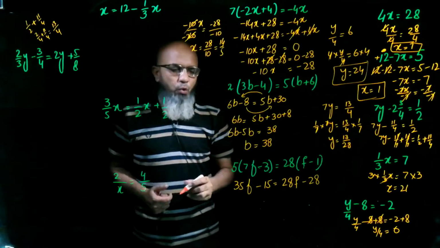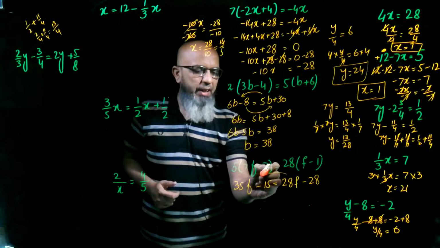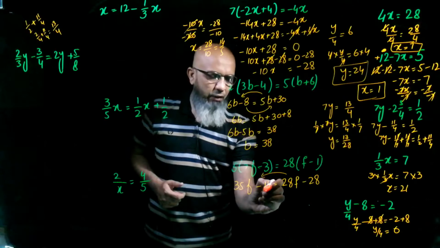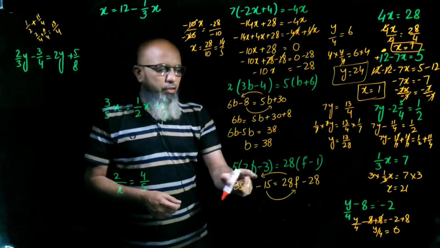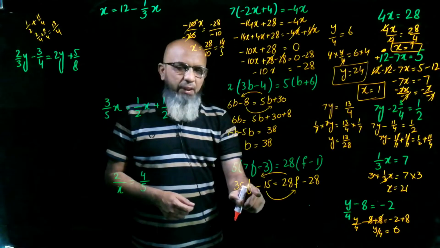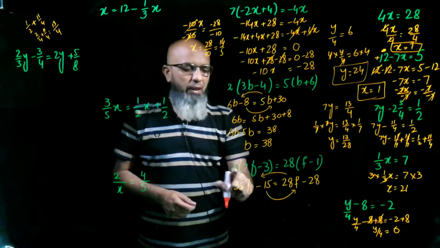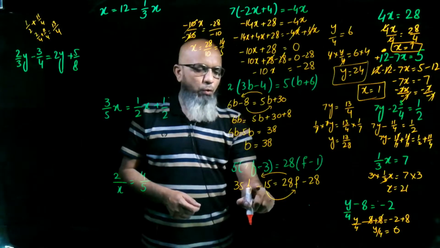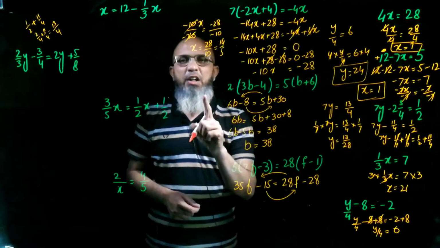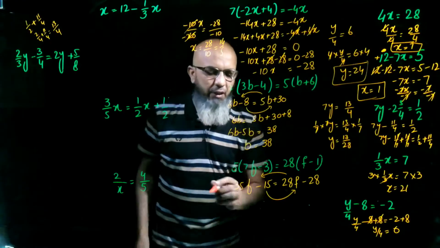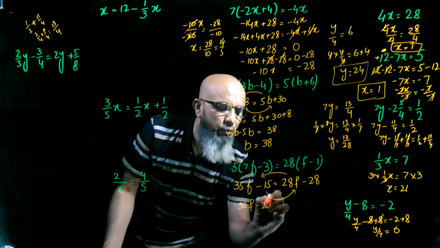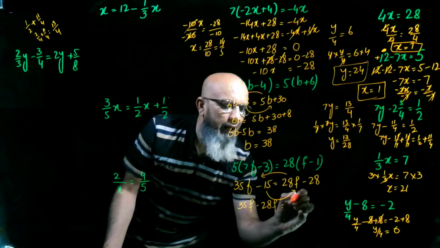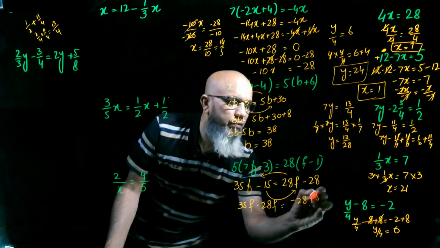So now what do we have to do? We will move the variable to this side of the equation and the constant to the other side. When we move it this way, it will come negative, that is minus 15. If we move to the other side of the equation, the sign is changed. So 35f minus 28f and minus 28 plus 15.